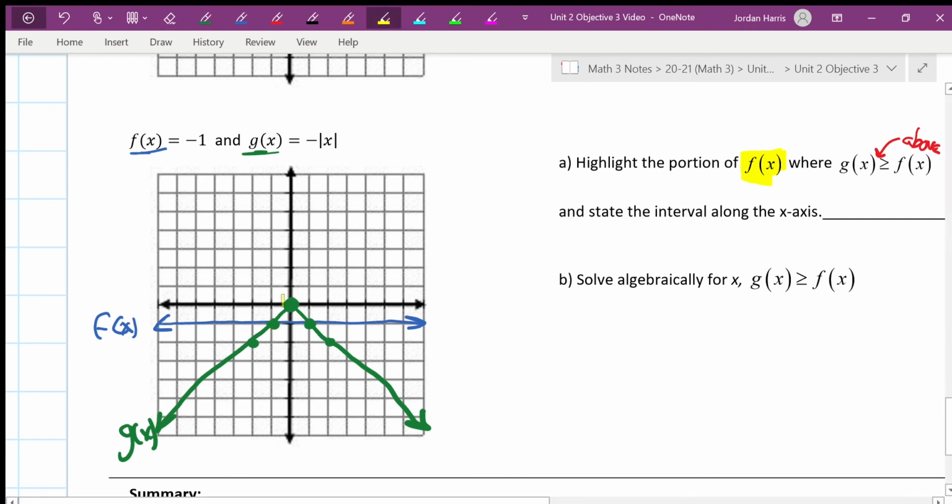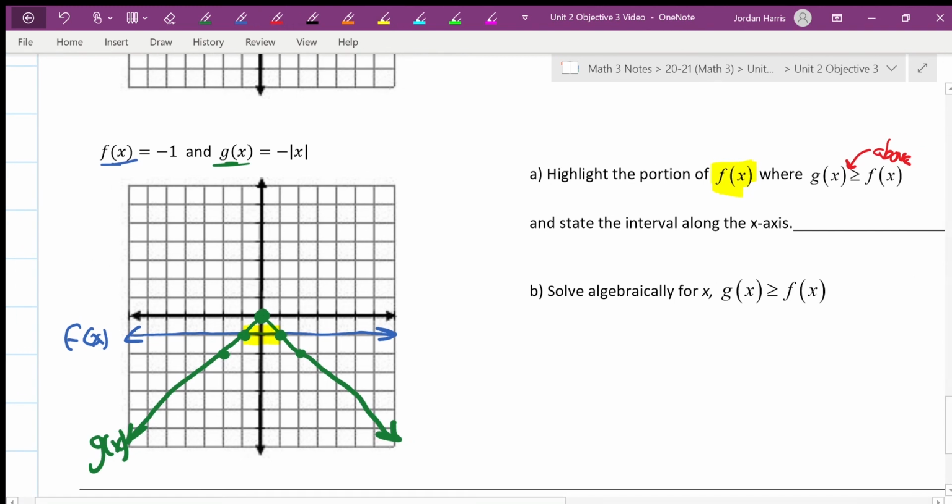All right, so where is the green V above the blue line? That section right there. Once again, it's inequality, so the endpoints are included. And so we have it. Negative 1 to 1, that should be the answer I get.